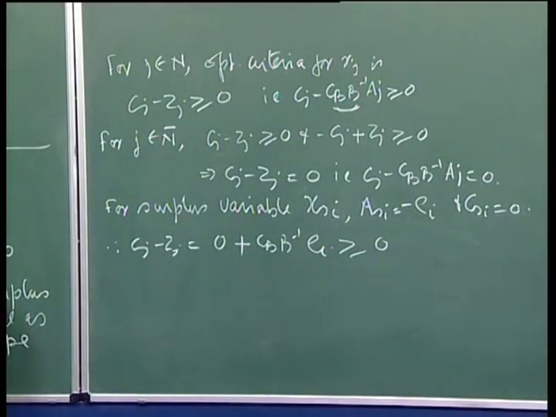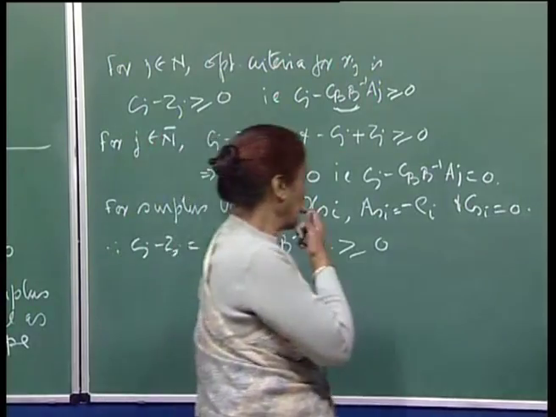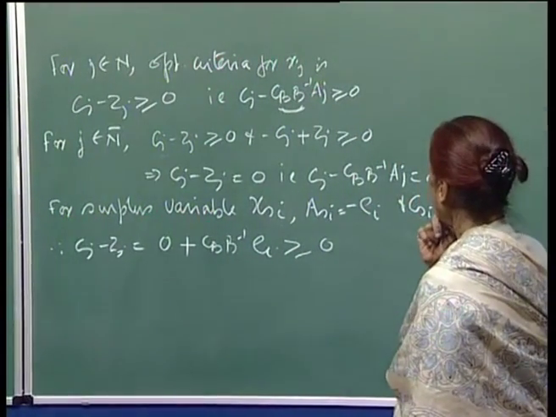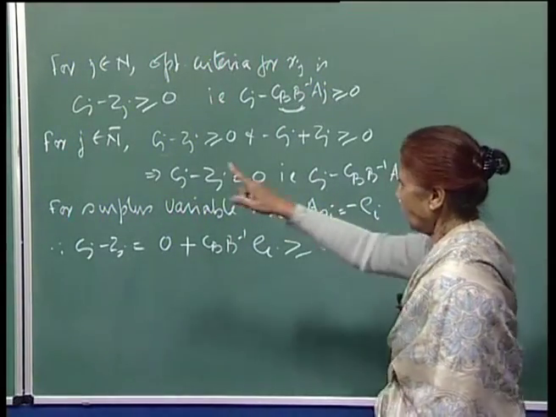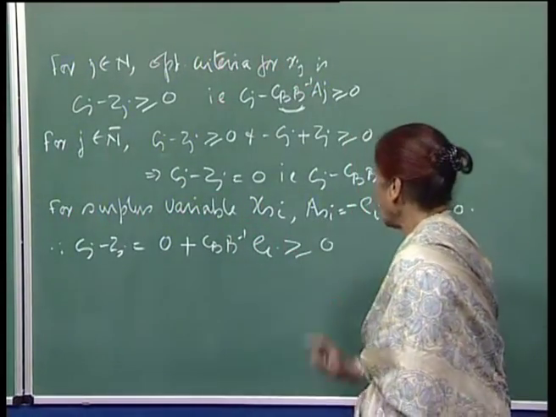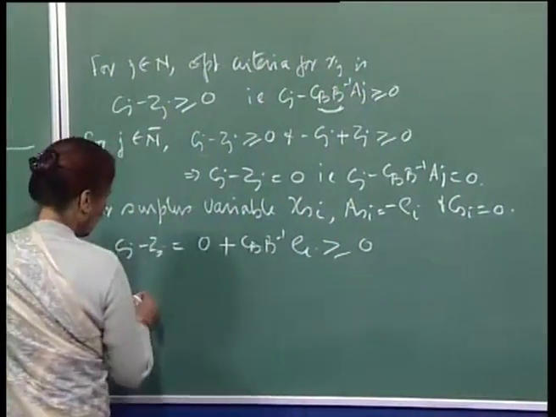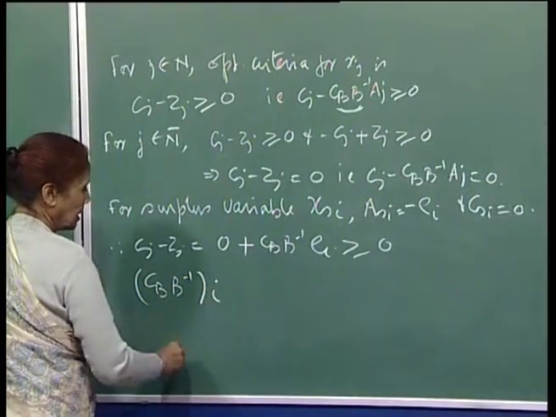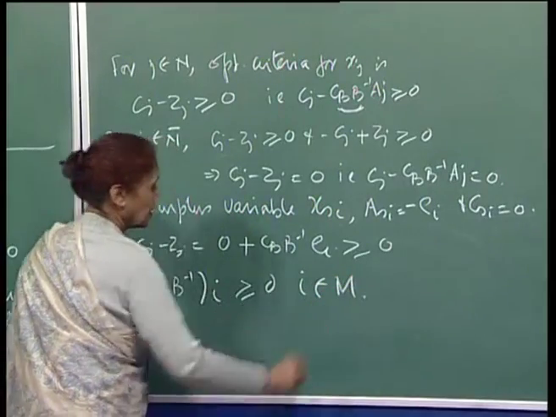Is it okay? For surplus variables, have I done it rightly? Because we are writing the greater than kind, it will be minus ei. That is right, it has to be minus ei. We add a surplus variable, so this becomes Cb B inverse ei, which means that the vector Cb B inverse i is greater than or equal to 0, for i belonging to m.